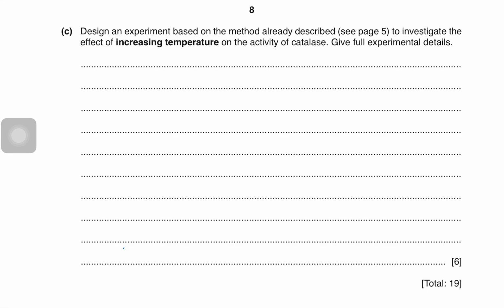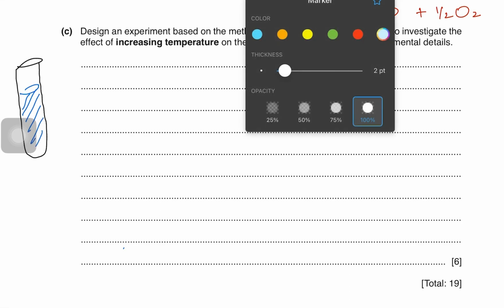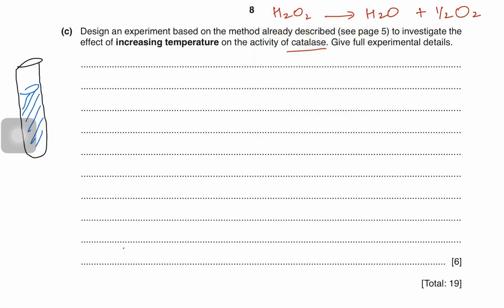Catalase is an enzyme that breaks down hydrogen peroxide into water and oxygen. And when oxygen is released, you can see some kind of foam coming. So the experiment in the question was actually that when you do the experiment, you could see some kind of foam coming on the surface.